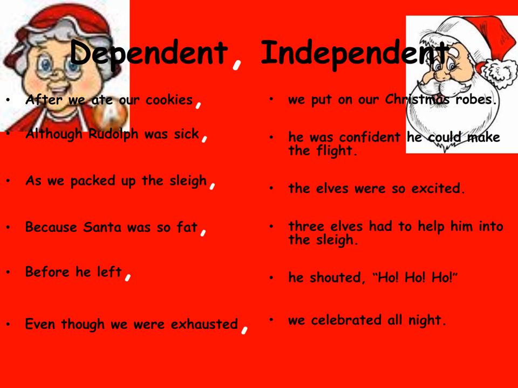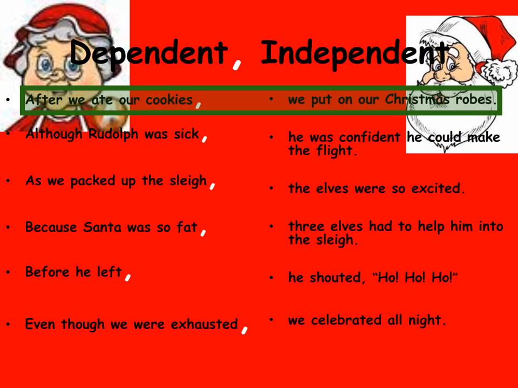You see, the dependent clause, after we ate our cookies, can be completed with the independent clause we put on our Christmas robes, making, after we ate our cookies, comma, we put on our Christmas robes. But since the dependent clause came first, there has to be a string or a comma connecting them.